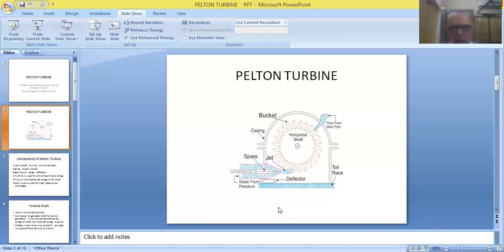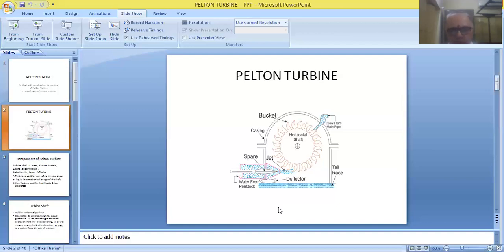Similarly, when the load on the turbine decreases, it requires less quantity of water. So the spear will be moving in forward direction, and it will be sending less quantity of water onto the blades of the runner. Controlling of water is very essential according to the load acting on the turbine.